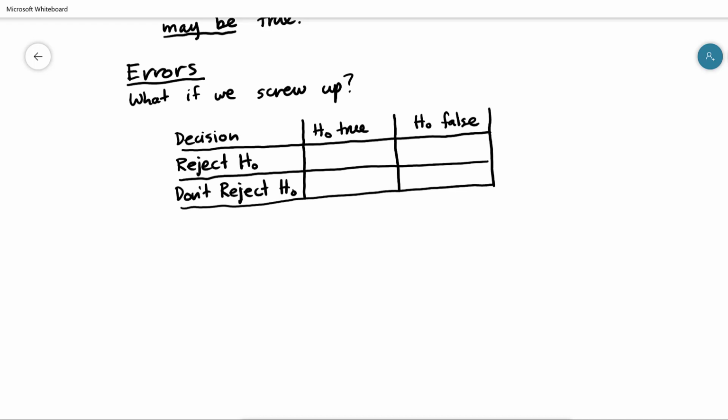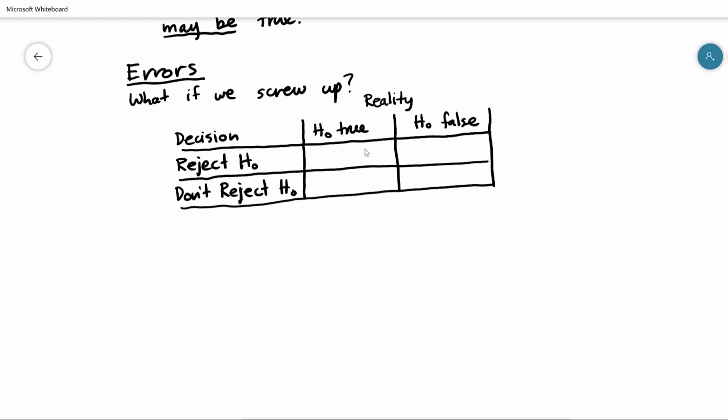So over here, this is the reality of the situation that we cannot possibly know. H naught is true, they're actually innocent, they did not commit the crime, or H naught is false, they actually did it.